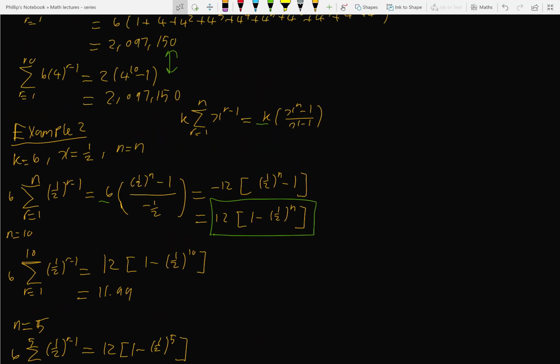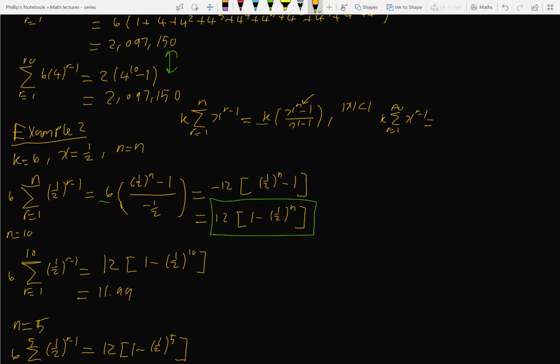So basically, when the modulus of x is less than 1, this will tend to 0. So when the modulus of x is less than 1, we're going to have k times the sum from r equals 1 to infinity of x to the r minus 1.